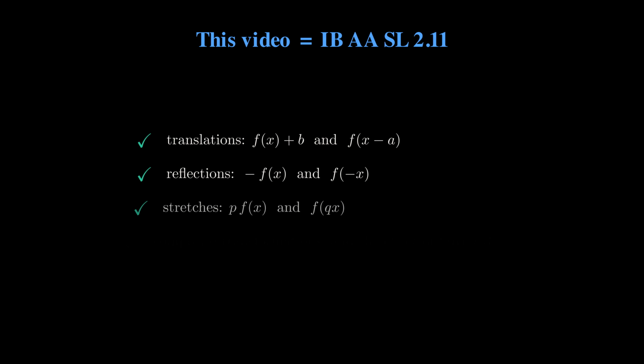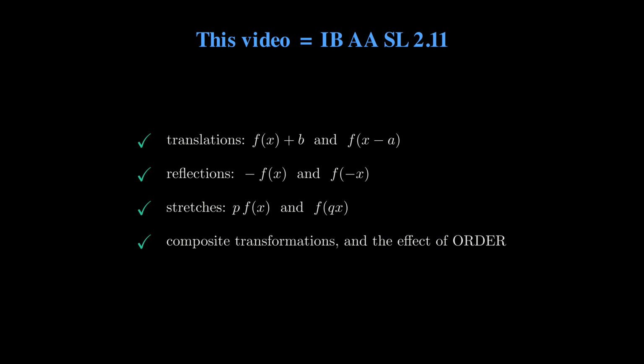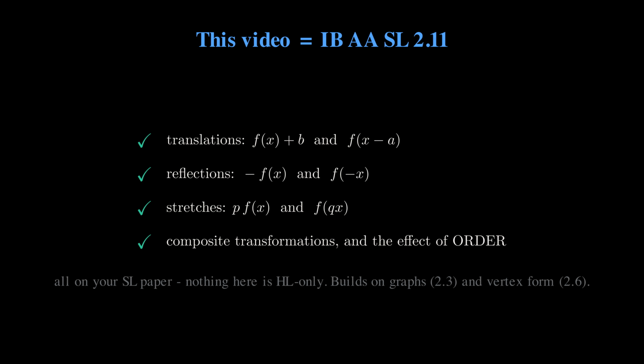Every one of these is on your standard level paper. None of it is higher level only. It leans on graphs and their key features from 2.3, and on the vertex form of a quadratic from 2.6, which, as you'll see, is really just a transformation in disguise.